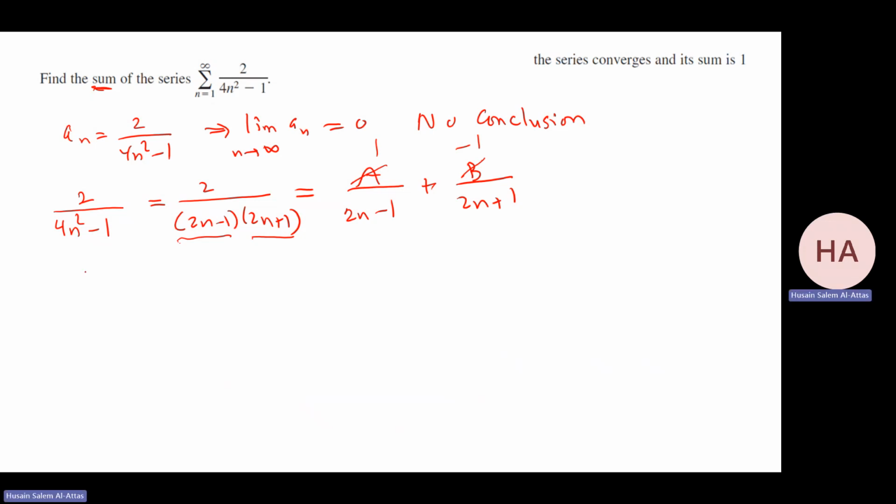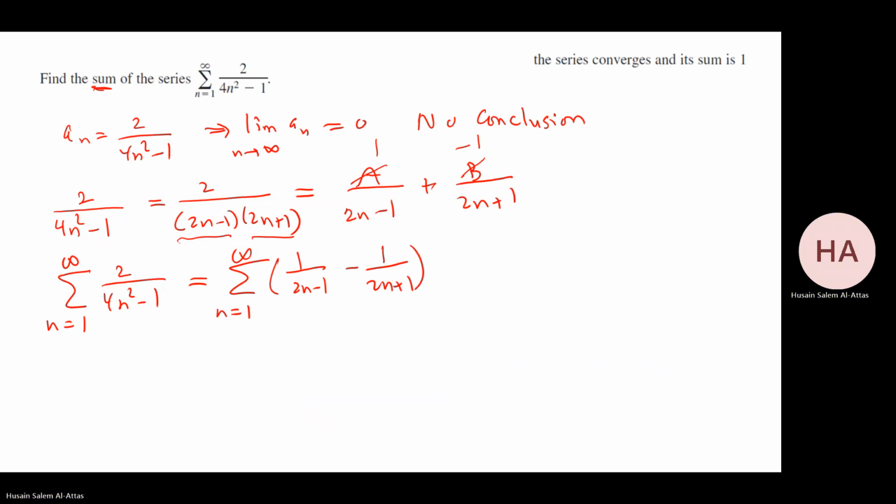So our series, 2 over 4n squared minus 1, is the same as 1 over 2n minus 1 minus 1 over 2n plus 1. It seems to be telescoping now. So S_n will be a_1 plus a_2 plus a_3 plus up to a_(n-1) plus a_n.